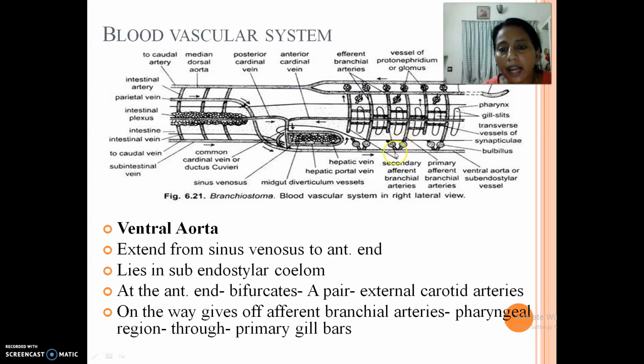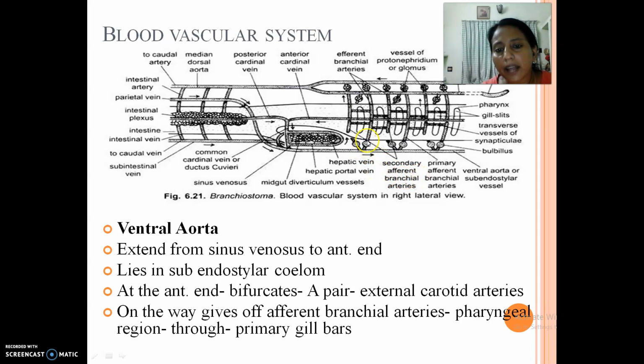Likewise, here the blood has to move from the lower side to the upper side, so to pump the blood we need some pulsatile organs. So here, the ventral aorta on its way gives off branches to the pharyngeal gill bar region, which are called the afferent branchial arteries.